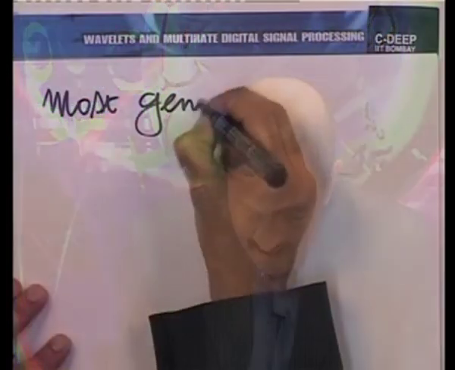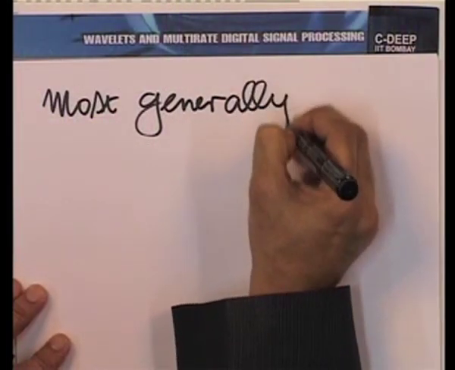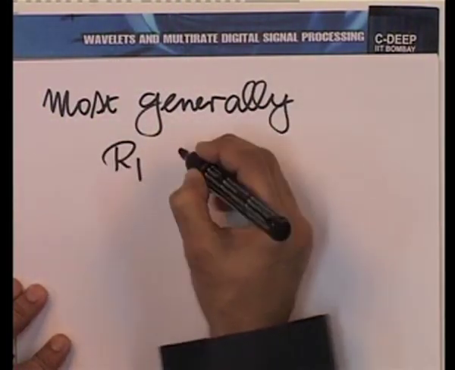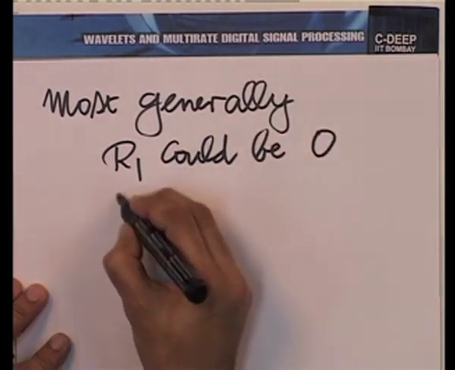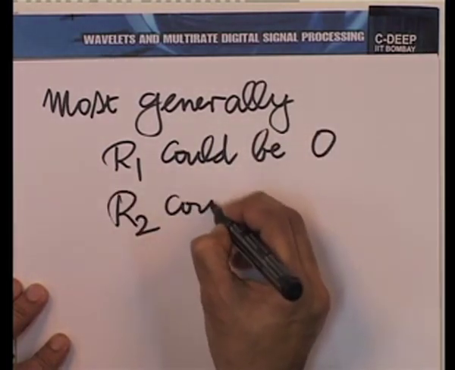Now, it could be true that R2 might be infinity or R1 might be 0. So, we have to allow these possibilities. Most generally, R1 could be 0, R2 could be infinity.